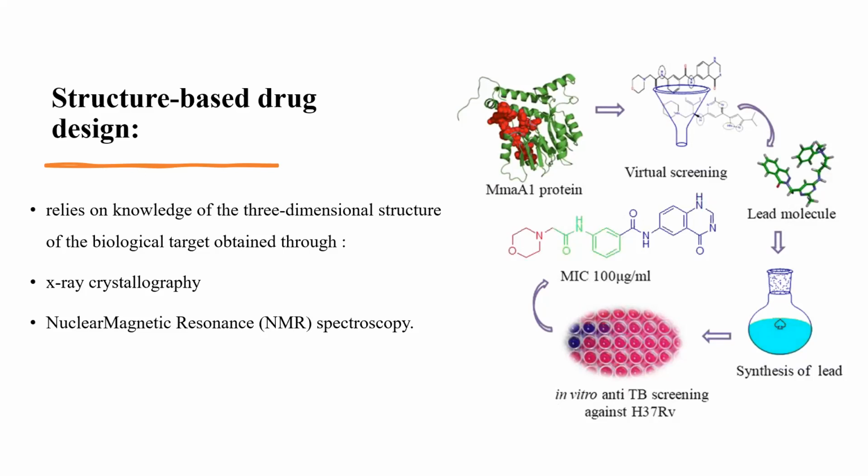And structure-based relies on the knowledge of the three-dimensional structure of the biological target. For example, if you want to design a drug against the SARS-CoV-2 spike protein, you have to go and take the structure. Let's say this one in green and red is the structure of the protein. You look at the structure of the protein, you look at the binding sites.